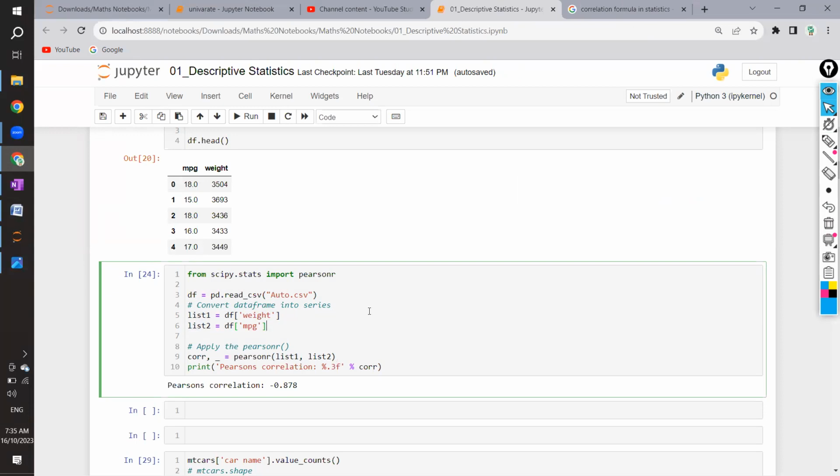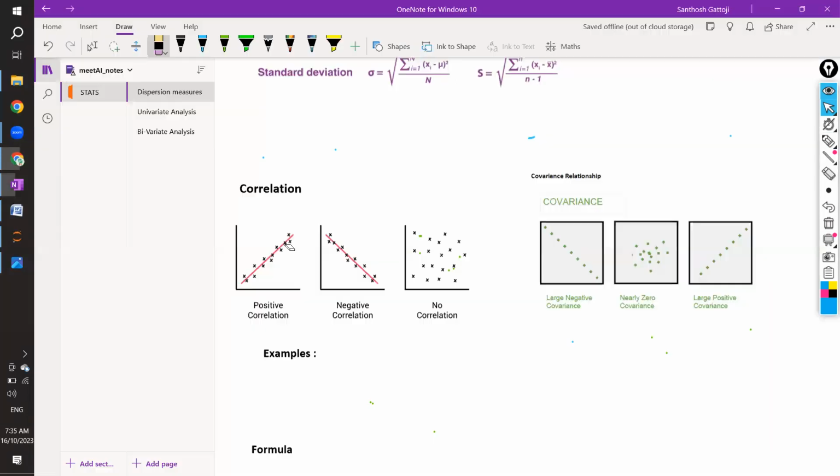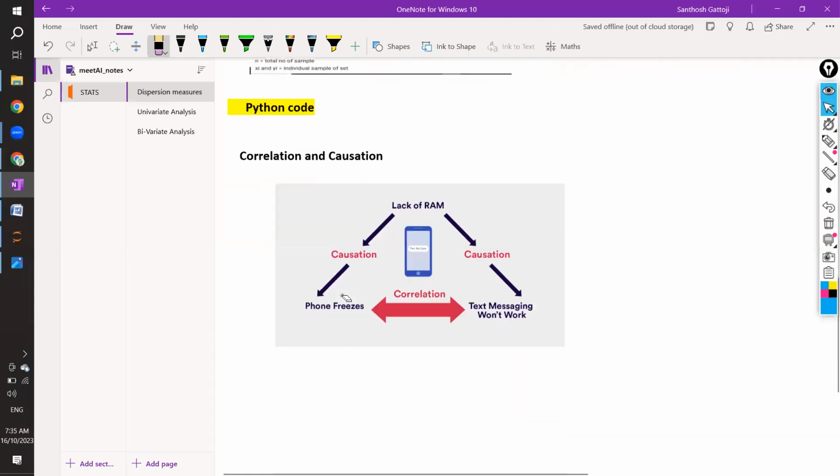Download some data frame, give the two columns, pass it to Pearson, and understand the negative sign and the magnitude. Understand how they are changing. Then you'll have a good understanding of the concept. So this is about the practical code.